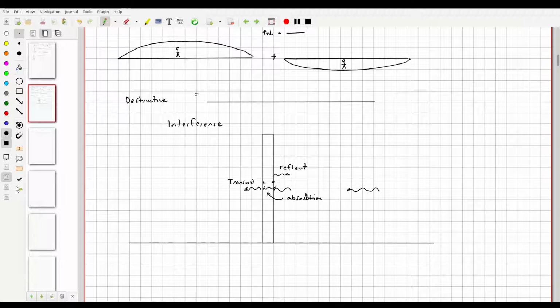But if you look at the amount of energy that this wave contains, because remember it's moving, so it has kinetic energy, and you add up the energy that's being reflected, the amount that's absorbed, and the amount that's transmitted, you end up with them equaling each other.